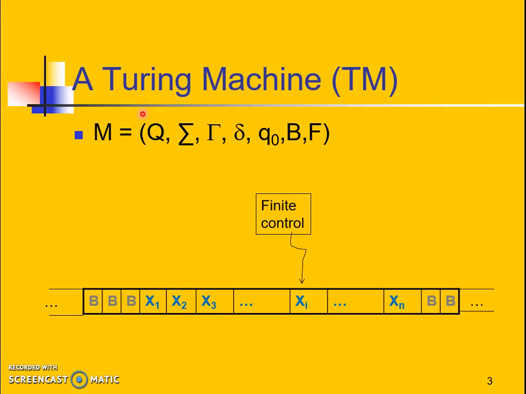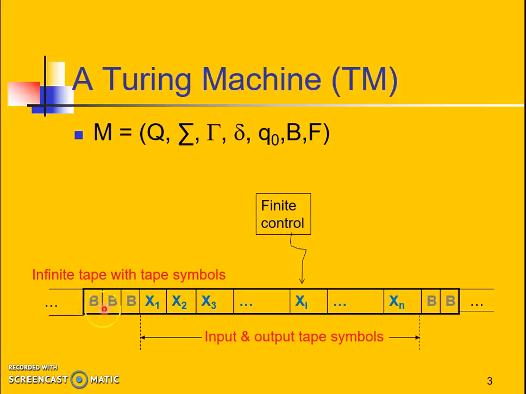A Turing machine consists of a finite control. It has a finite number of states. It has a finite number of input symbols. Those are in the tape. The tape is divided into a number of cells. Each cell can hold an input symbol.